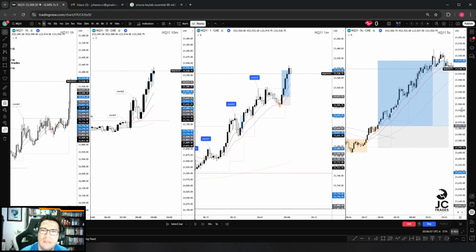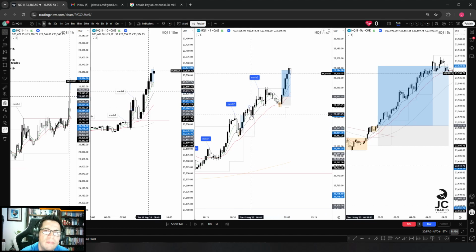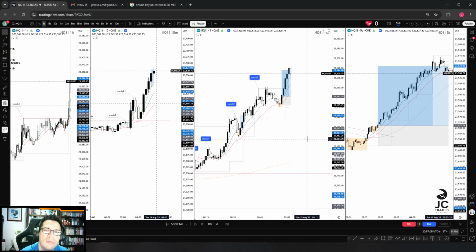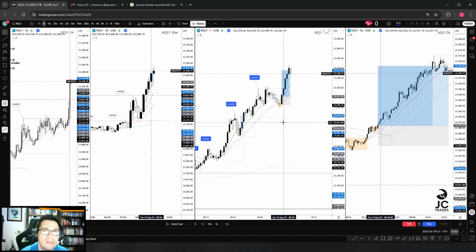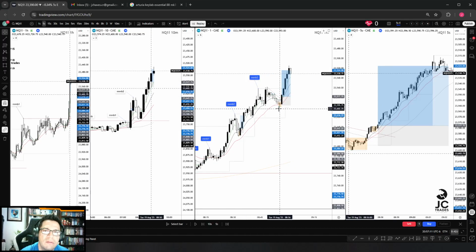So these last two trades that we saw, one coming from this area and the other one coming from this area here, both gave valid entry opportunities, one out of the 10 EMA, the other from the 20.